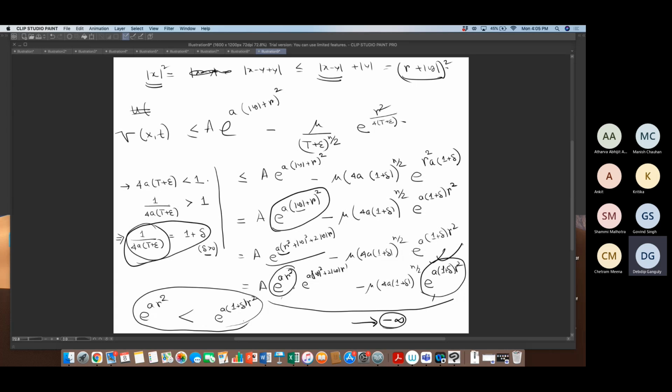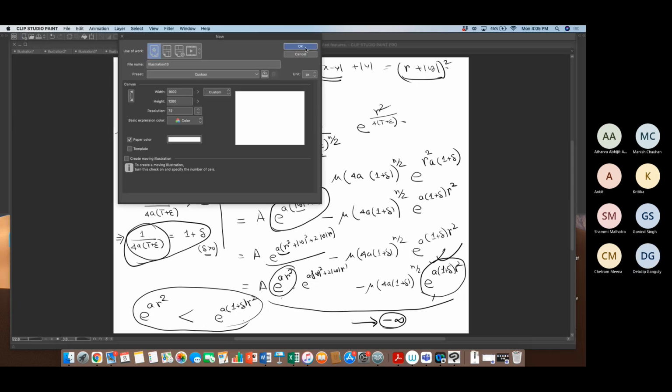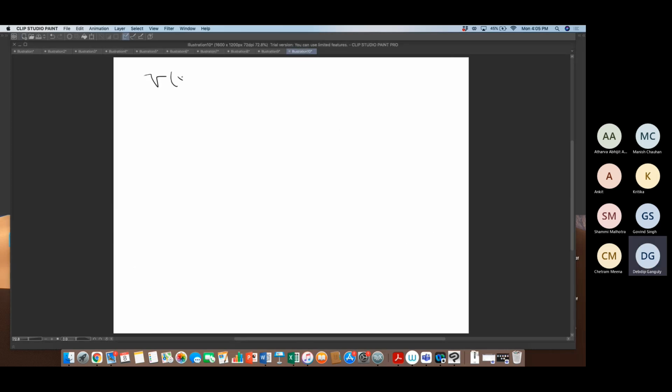That means this quantity can be arbitrarily small, right? So we have V(x,t) less than minus infinity as r goes to infinity when (x,t) belongs to the parabolic boundary of B_r(y) cross (0,T).